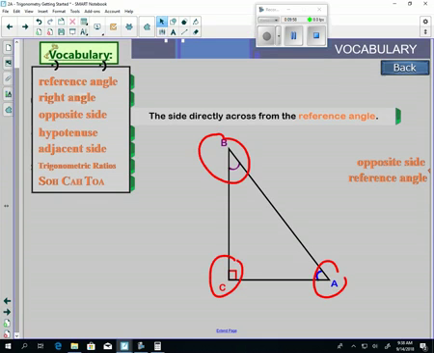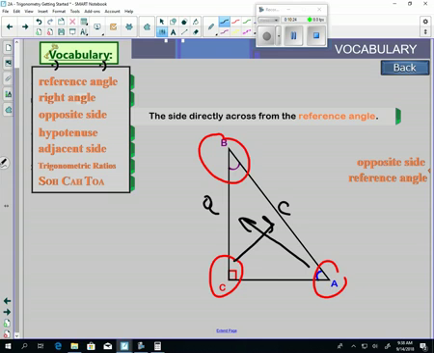The side is always opposite the angle. So if I'm talking about angle A and side A, if I'm standing there, I look right across from it, it's here. And I write a small letter a for side A. For C, it's across from the right angle.